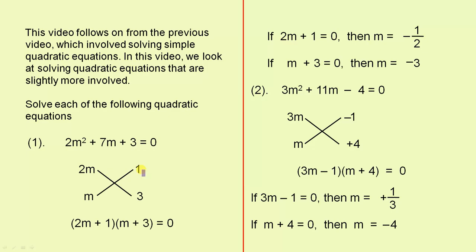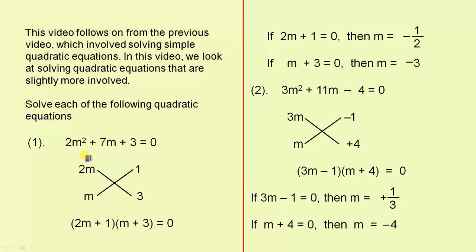So let's see if this is the correct position. 3 times 2m is 6m. 1 times m is 1m. 6m plus 1m is 7m. So we know that all this is correct.